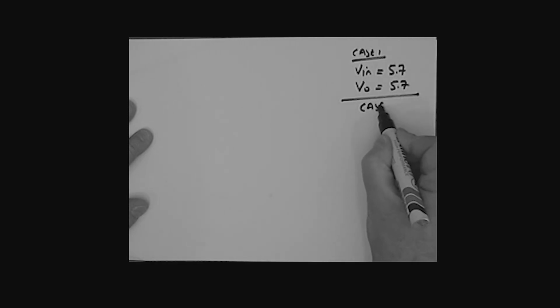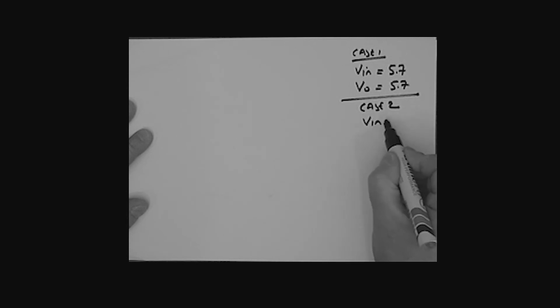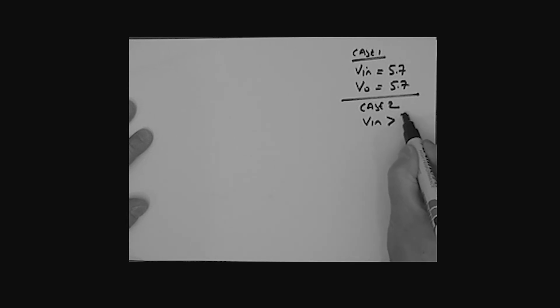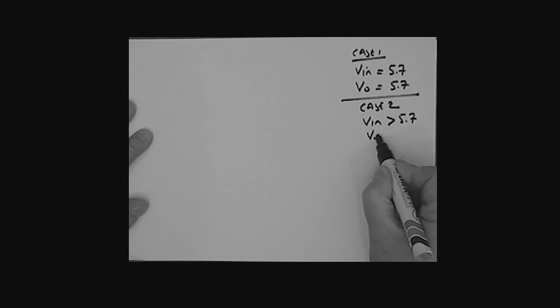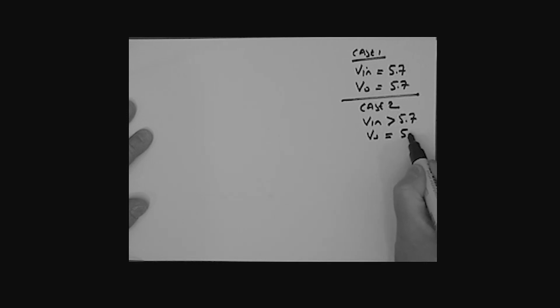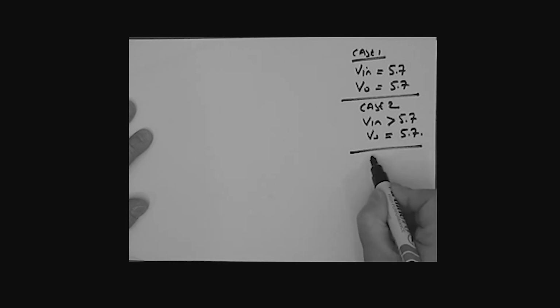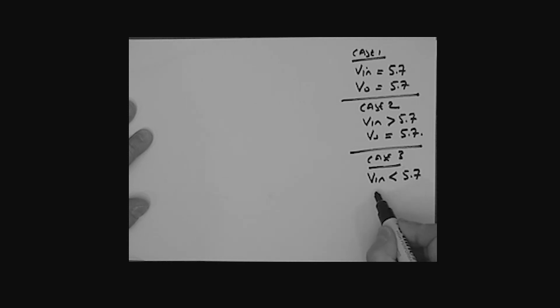Then we had what? Case number 2. And we said if we make V in greater than what? 5.7 volts, the output basically remained fixed at 5.7 volts. And then case number 3, okay? And we said here that supposing V in is less than 5.7, what is the output? The output is really the same as the input for that particular case.